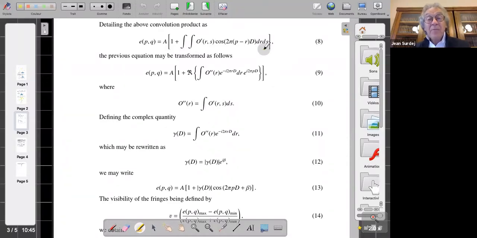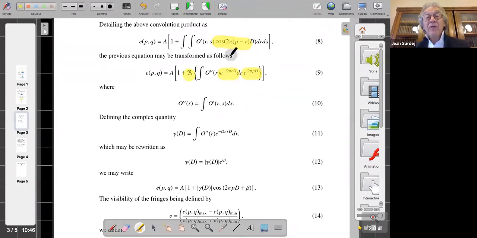Now, we still simplify this form. You know that a cosine can be represented as the real part of a complex exponential function. And it's what we do here. We replace this cosine by the real part, you see here, of the complex exponential function, which consists of 2 terms.